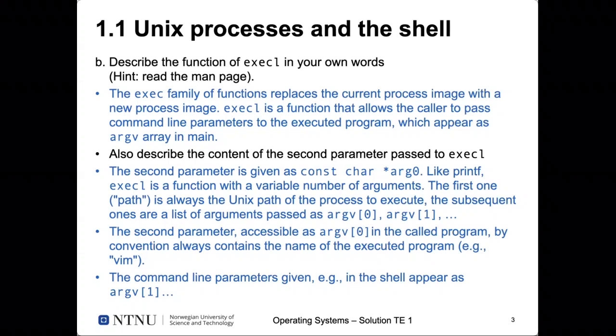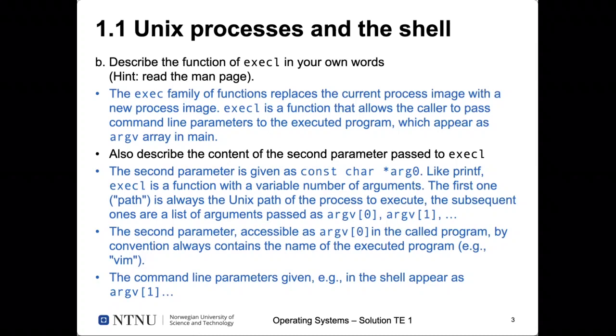I also asked you to describe the contents of the second parameter passed to execl. The first one is obviously just the program you want to execute, so the name of an ELF binary. And the second one is given as const char pointer arg0 in the man page, at least on my system here. execl is a special function because it can have a variable number of arguments, like printf, for example.